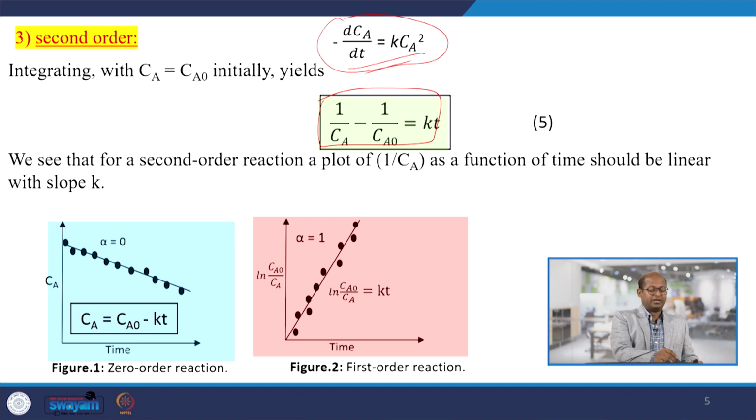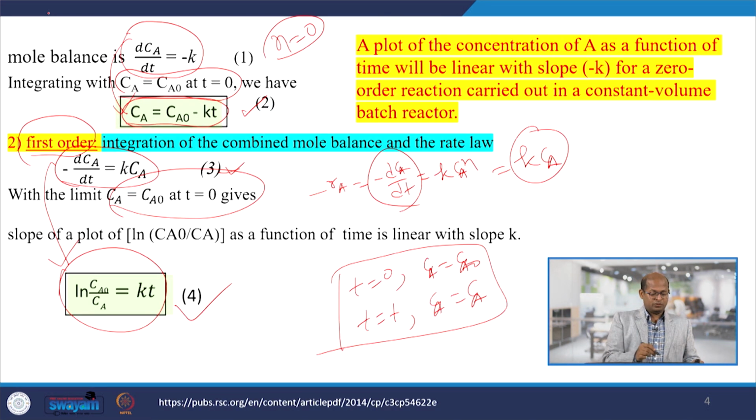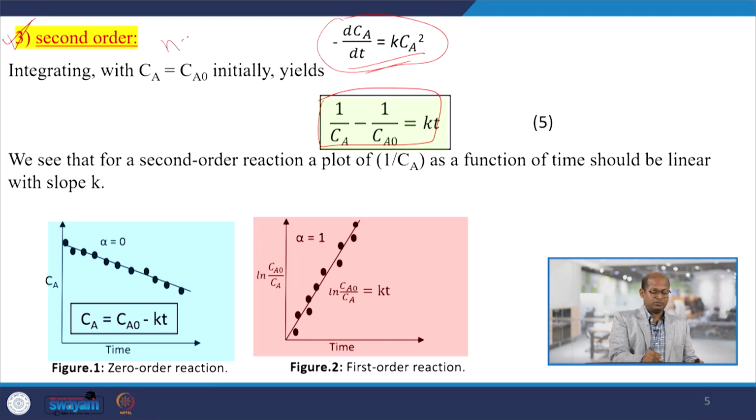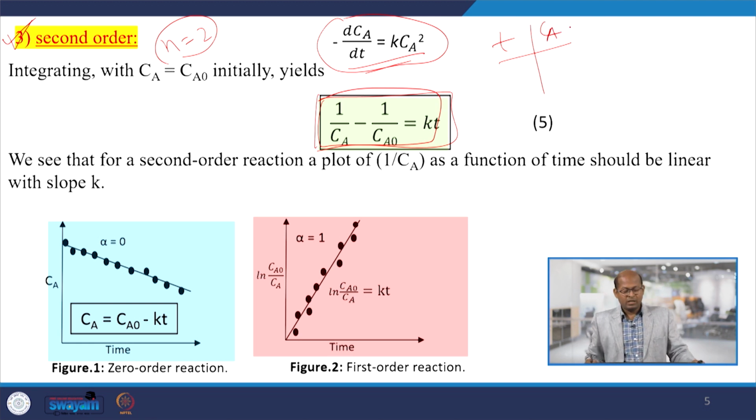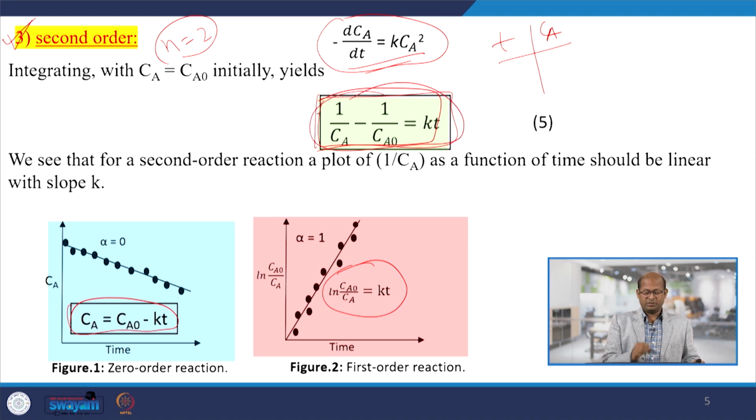So, this is number 1, n equals 0; n equals 1, first order reactions; and n equals 2, second order reactions. These are the equations we have, and experimentally we have found t against CA. For zero order reactions we have this equation, for first order reactions we have this equation, and for second order reactions we have this equation.